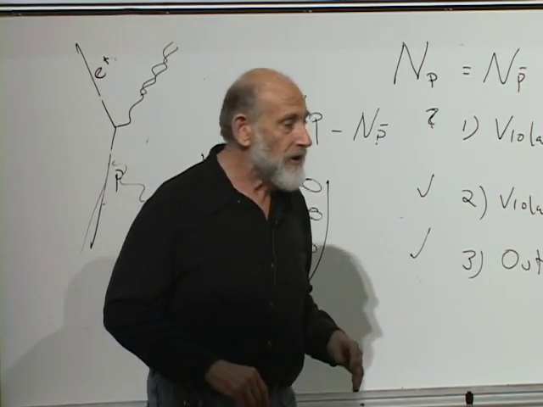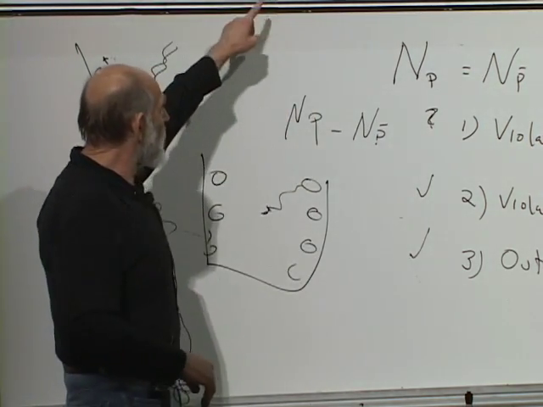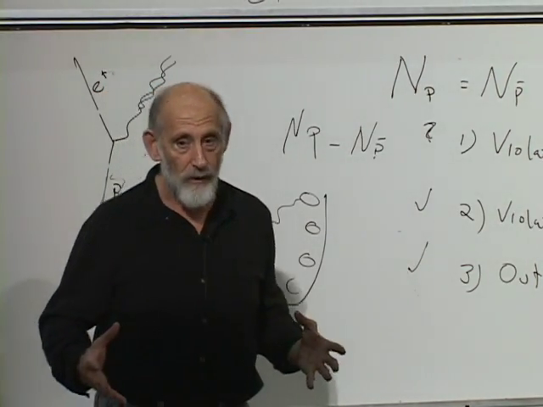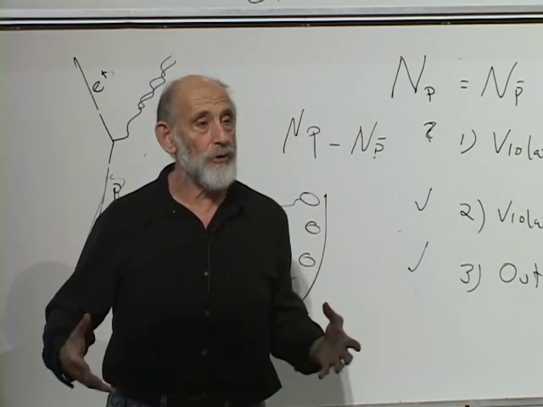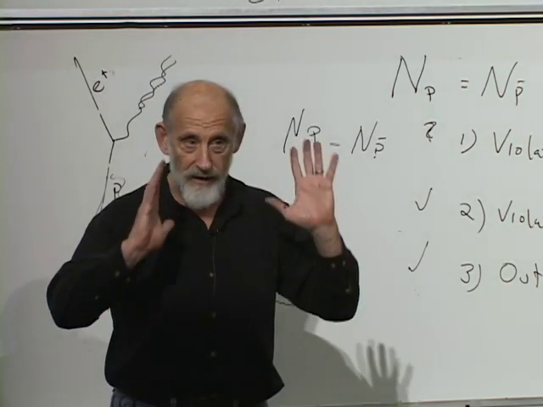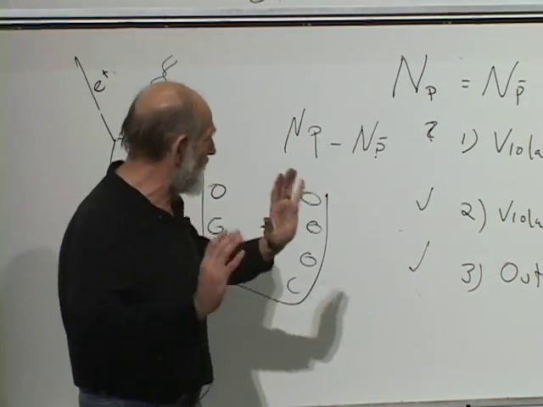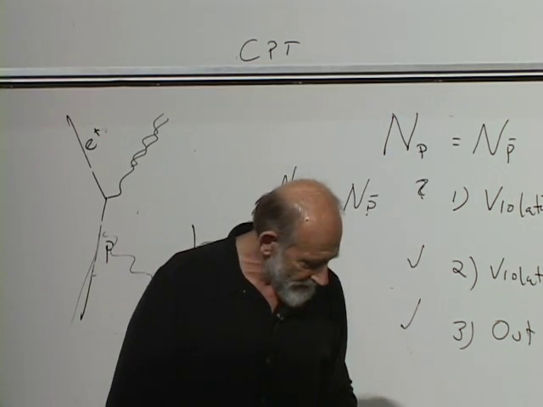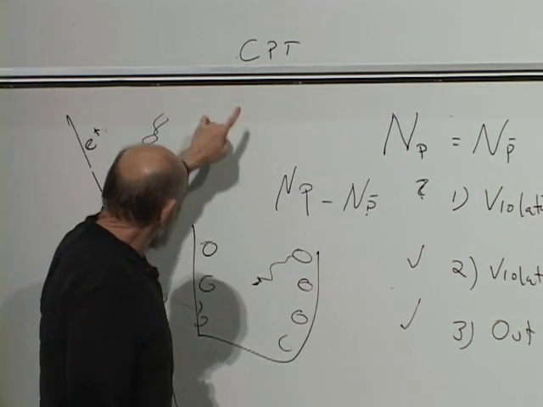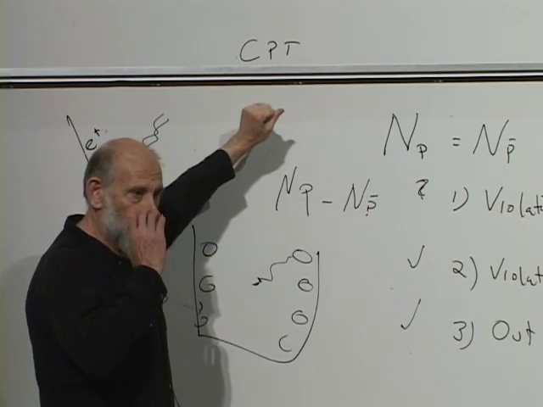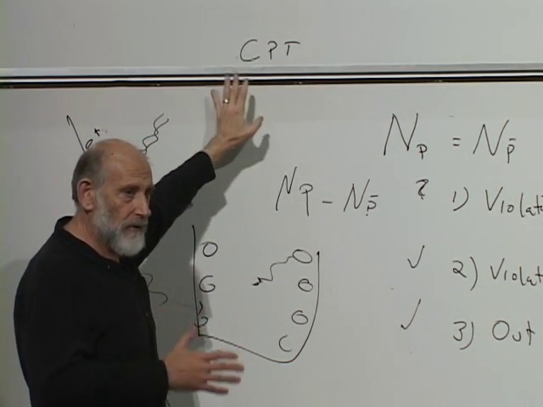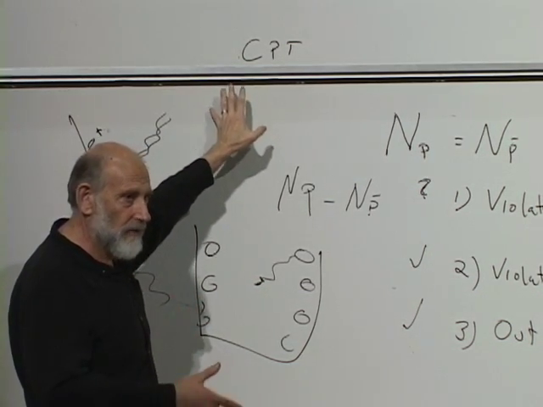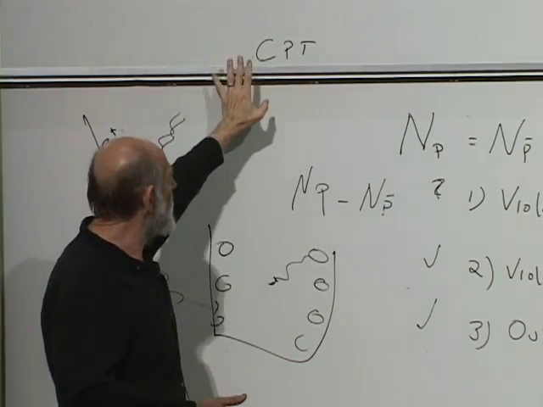A violation of CPT symmetry would mean that running the film backward was not a possible solution of the equations of physics. To violate this, we would have to violate something very deep about quantum field theory and special relativity and quantum mechanics.